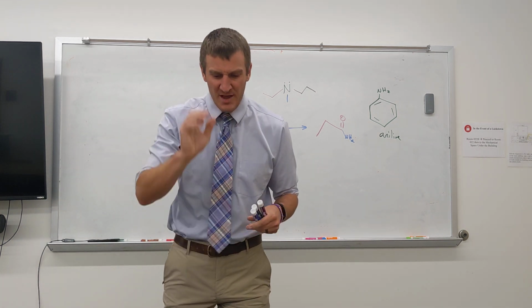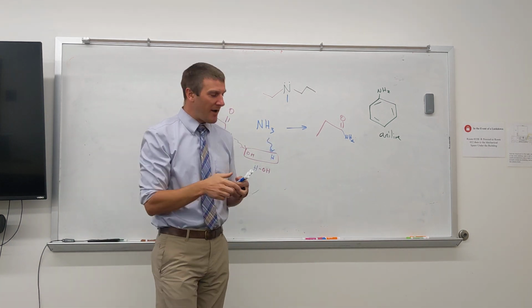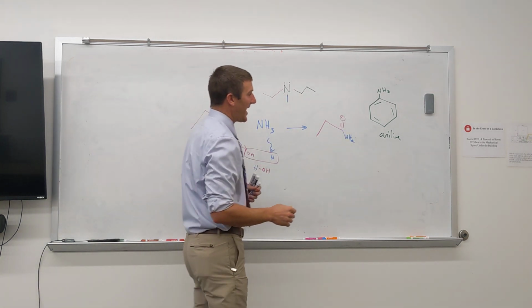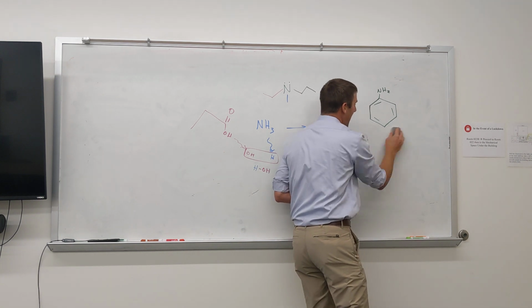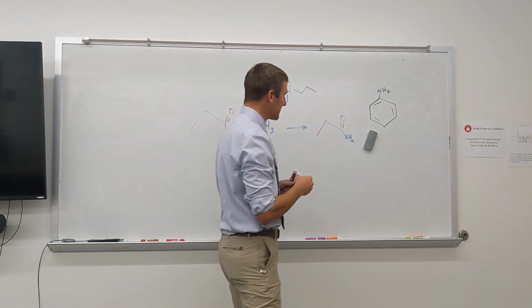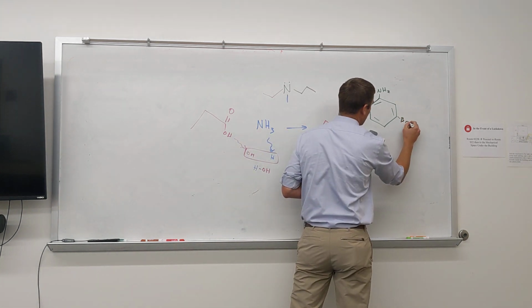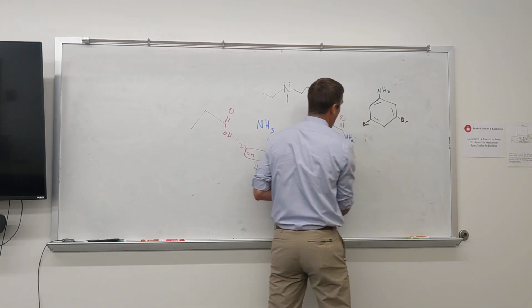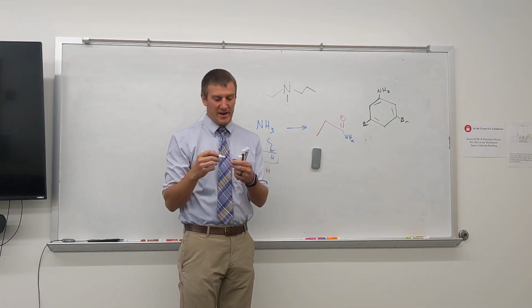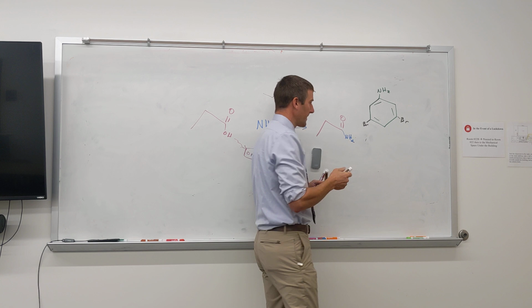So these are pretty simple. C. If we look, I've got an aniline, but drawn on this, I've got 2 bromines. If I have 2 bromines on an aniline, I should have that aniline as the very end.